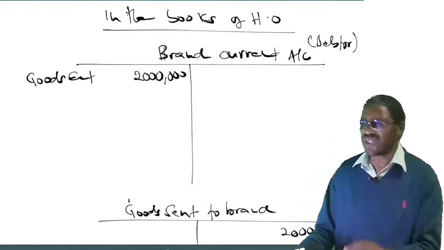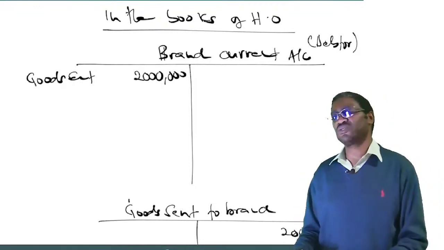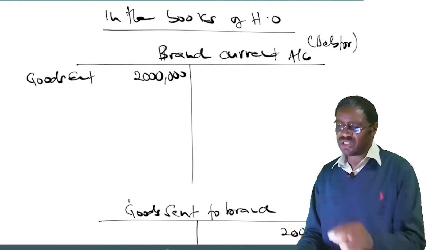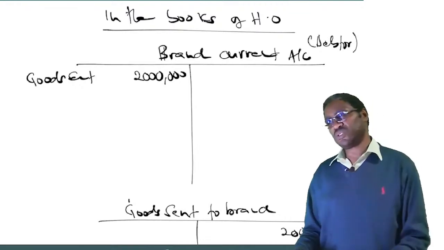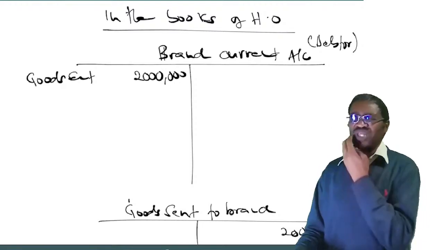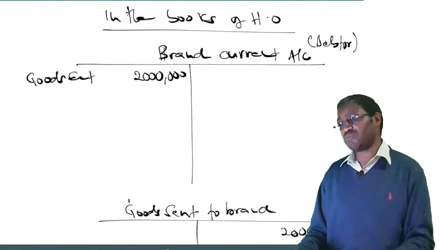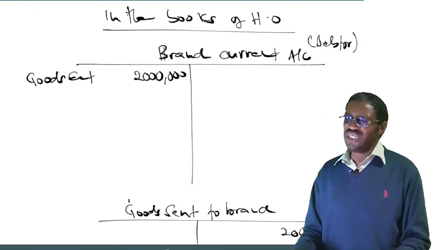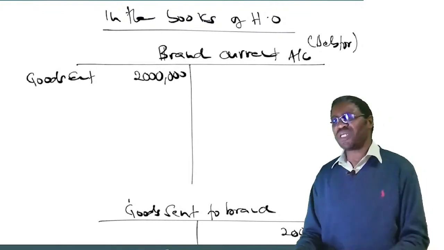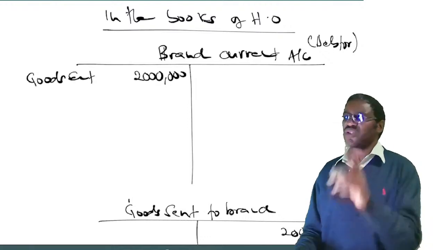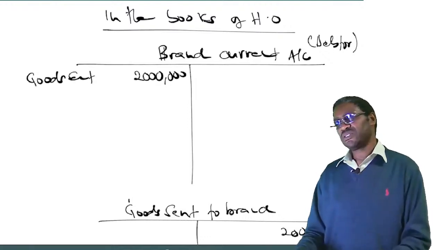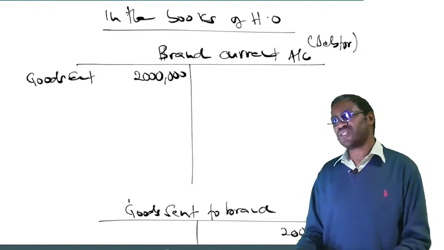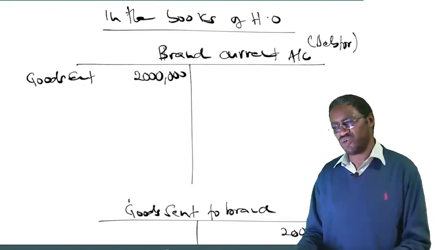Let's pick another transaction. Suppose for whatever reason, this branch returned some of the goods. Maybe goods worth 20,000 were returned by the branch. Maybe they were not the type the branch needed, or maybe they were more than the branch needed, and so the branch decided to return some of those goods.